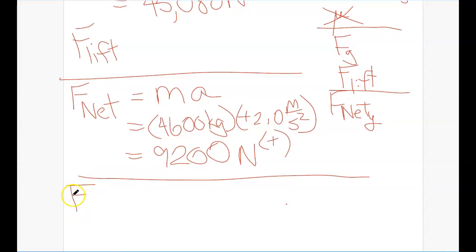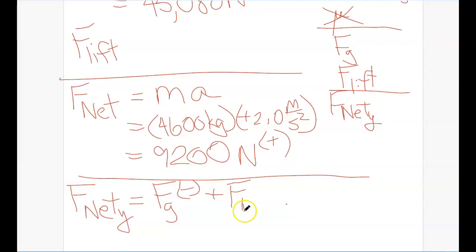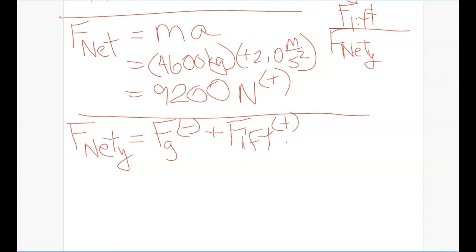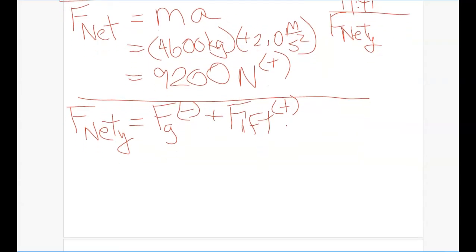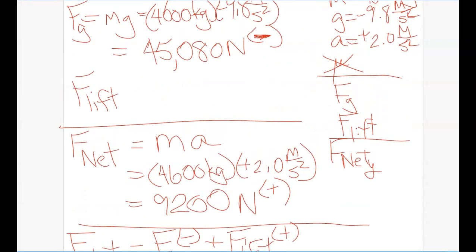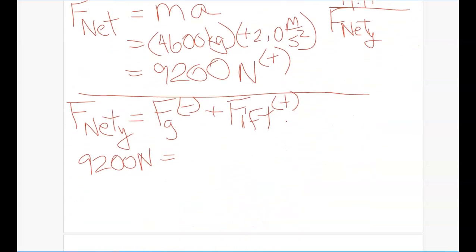But we also know net force, being the vertical net force, is equal to the two vertical forces added together. We have a weight force pointing down, that's our negative value, and our lift force, which we still don't know the amount of, which is pointing up. Well, we can plug these in. Our net force is 9,200 newtons. Our weight force, we scroll back up, is 45,080 newtons, but that's a negative number, minus 45,080 newtons.